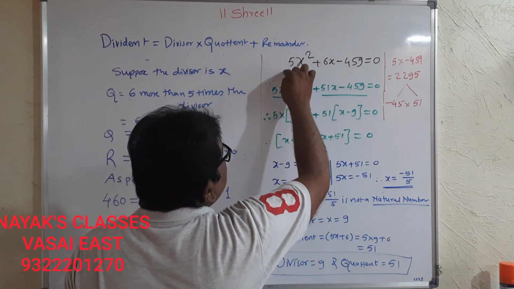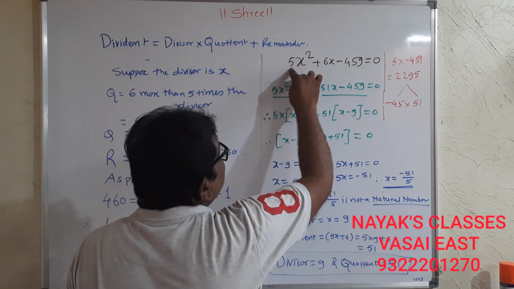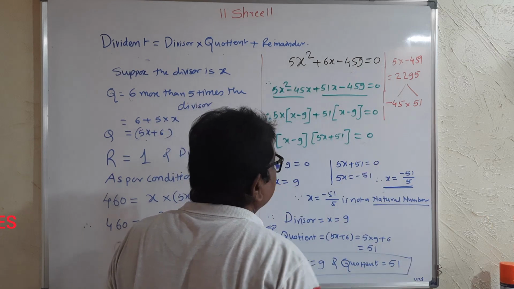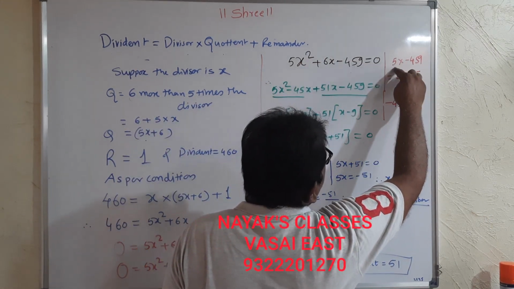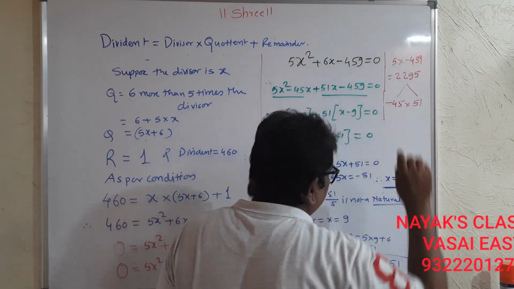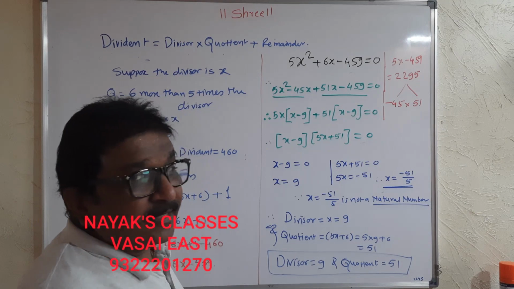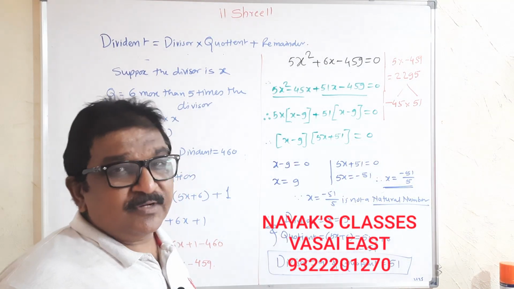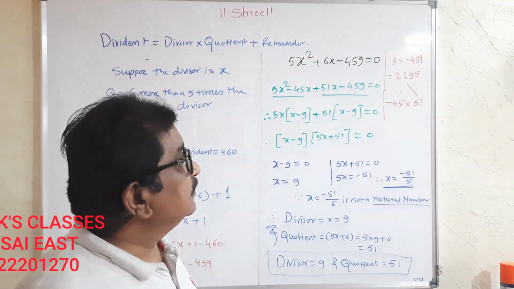So this is not a simple splitting of the middle term. This is first coefficient into last term: coefficient of first term 5 into minus 459 is minus 2295. And if you are strong in the tables, you will get the things done.